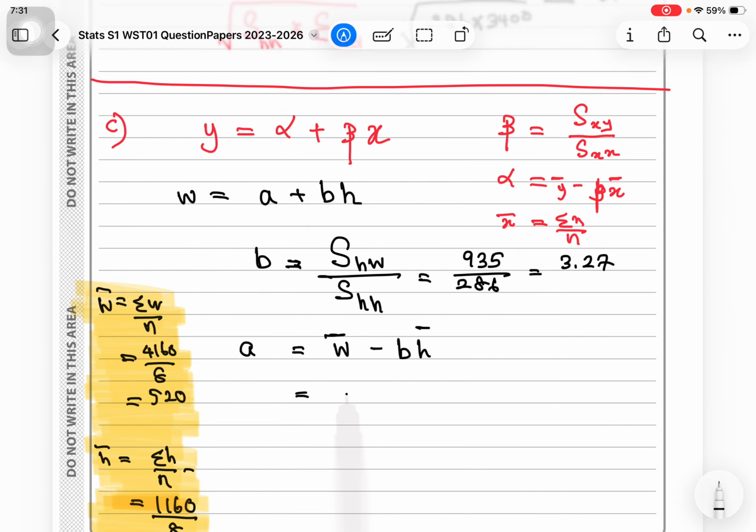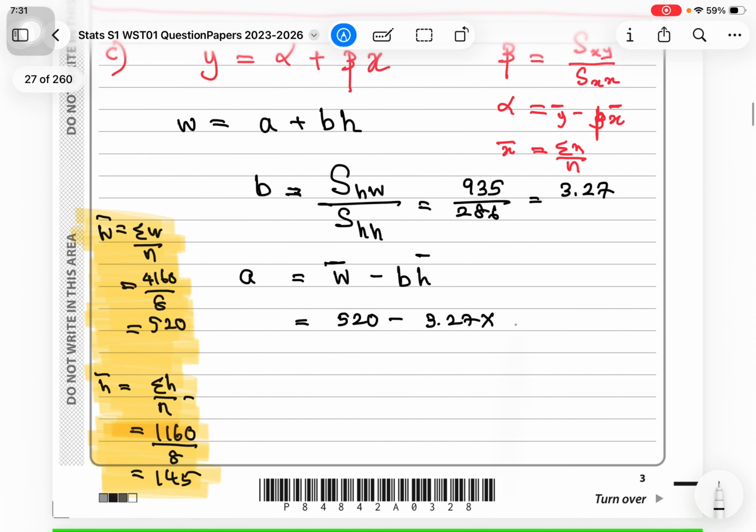The W bar, we know, is 520 minus 3.27 times 145. So we got A, and the answer is 45.9596. We can easily keep it as 46, if you're going for three significant figures.